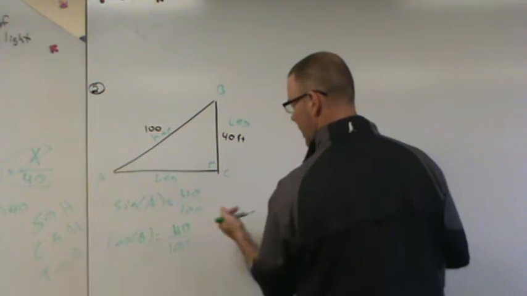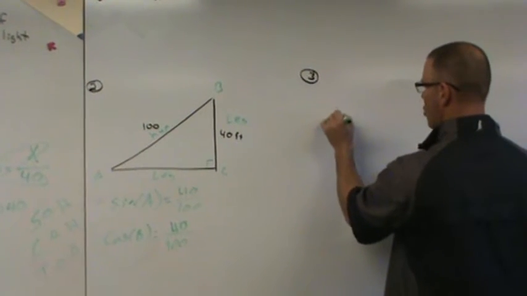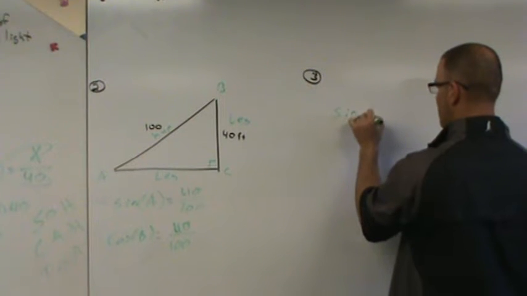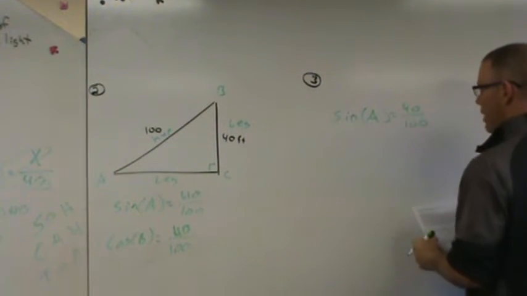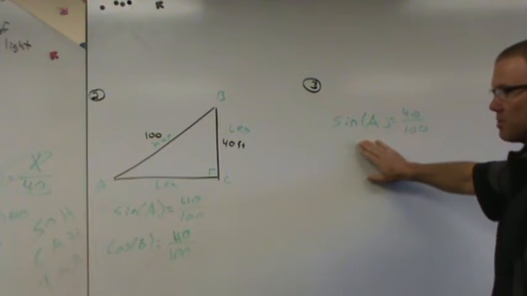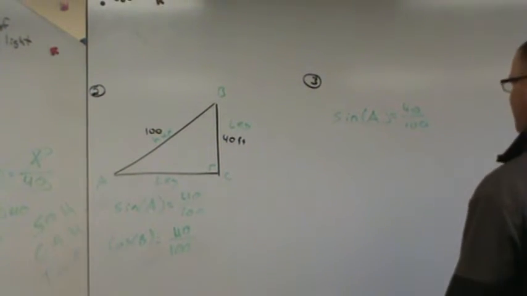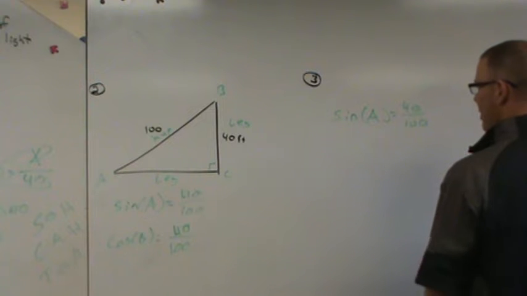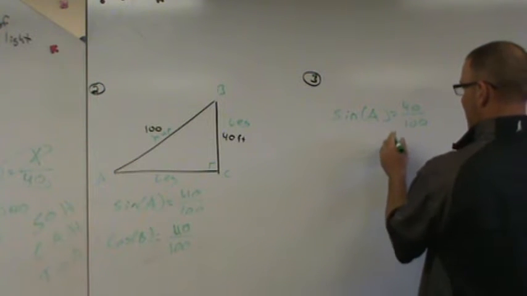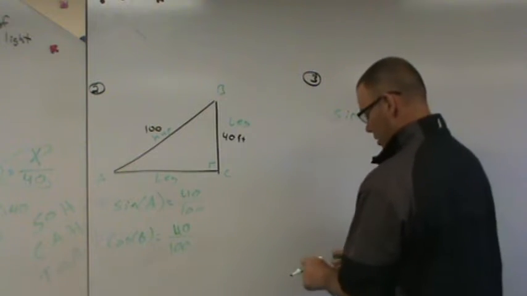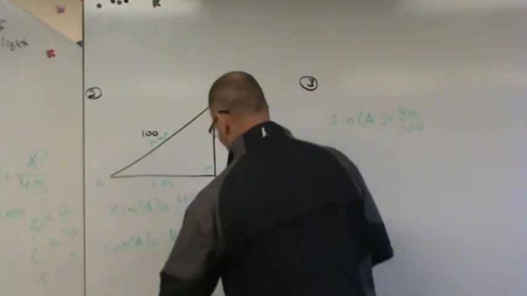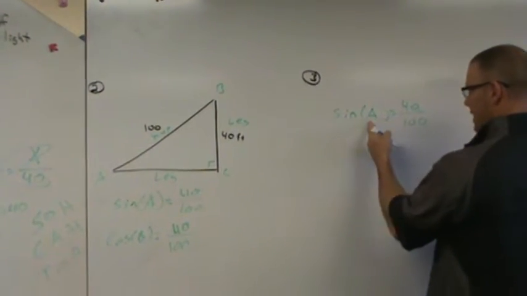If this is my problem in question, 40 over 100, which we've already seen, how do I get A by itself? I get A by itself by performing an inverse operation. I've already talked to you all about that. How do I get rid of sine to get A by itself?